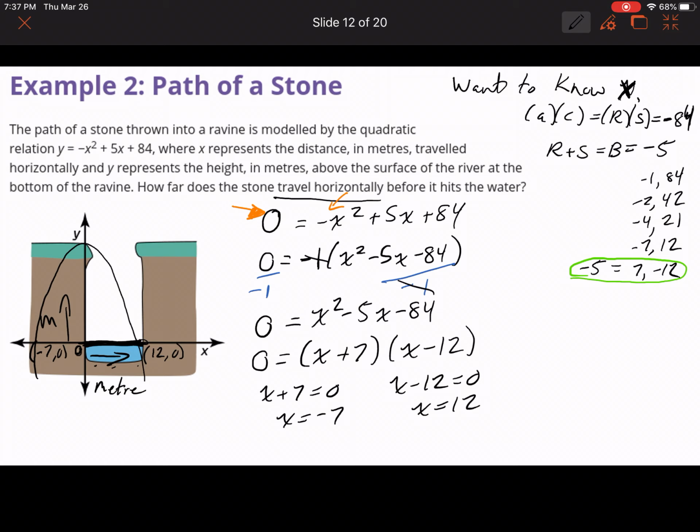This is you, standing up there on the y-axis. You've thrown a rock. What are we throwing? A stone into the water. You haven't thrown it backwards. So we know that this one doesn't make sense because that's backwards. So x equals 12 has to make sense. First, we're going to check it to make sure I didn't screw up again.